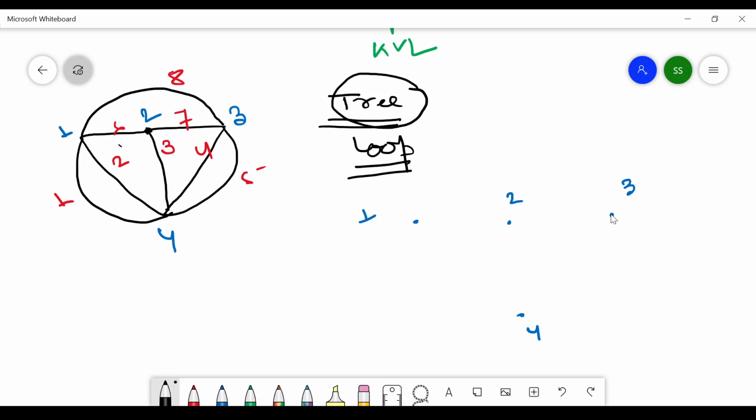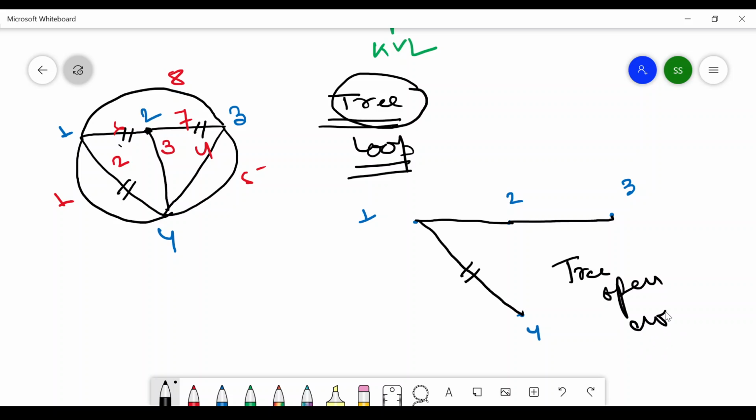So if I connect this branch here, then this branch, and then this branch, it makes one tree. This is one tree. Here you can see it is open, no closed loop is there.